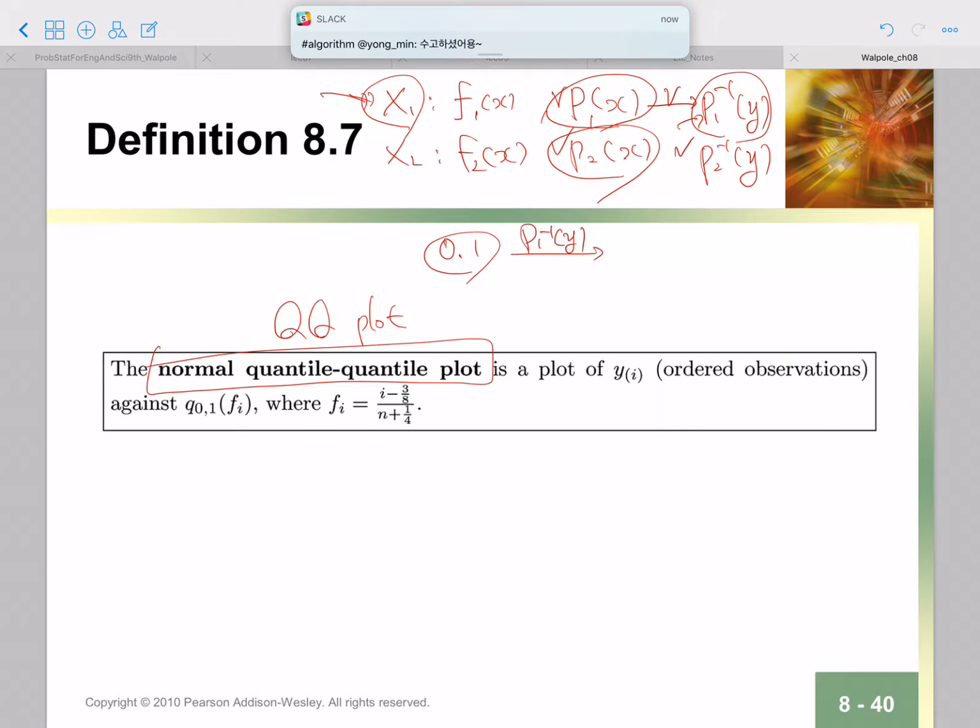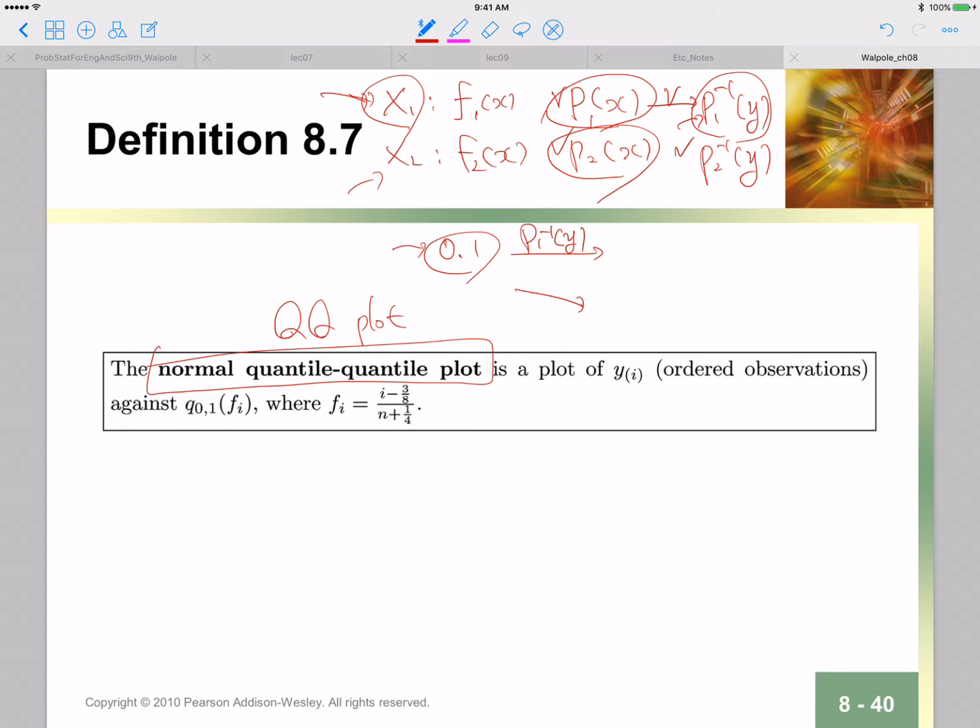Suppose we collected all the men's heights, and that is the random variable x1, and women's height is random variable x2. You can construct the cumulative distribution functions, and then consider the probability of 0.1 and its corresponding height for men and women.